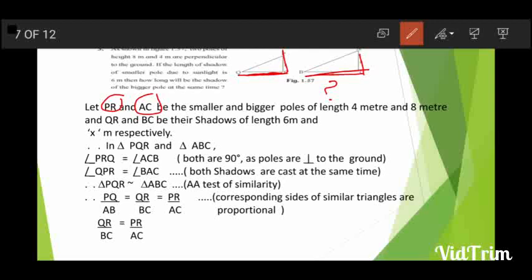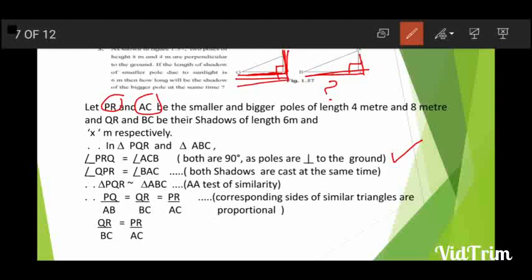How will we prove it? Now see, these two angles are 90 degree. Already they have given. Even if they have not given, we have to consider them as 90 degree because the poles will always be perpendicular to the ground. So in the first triangle I have written PRQ.